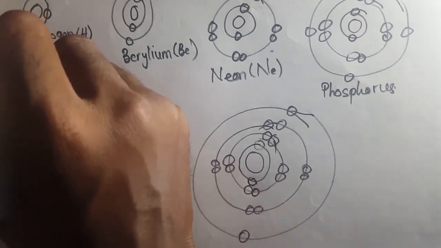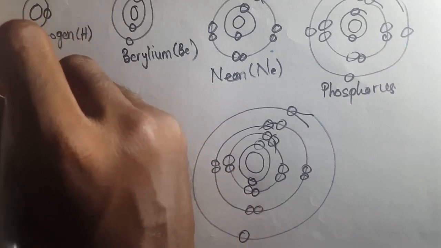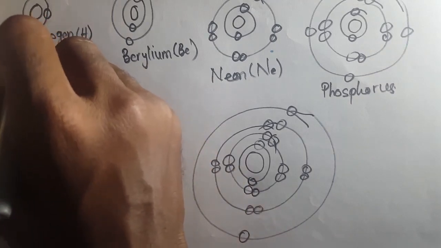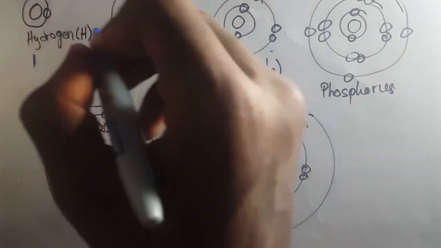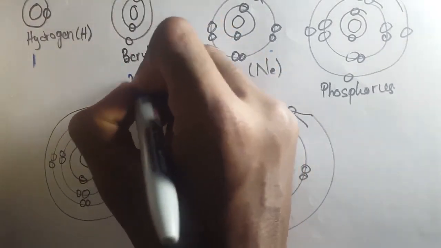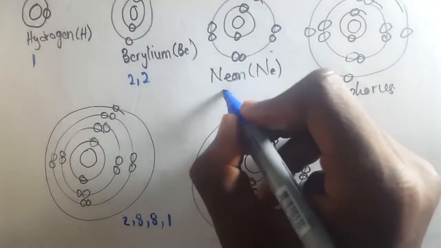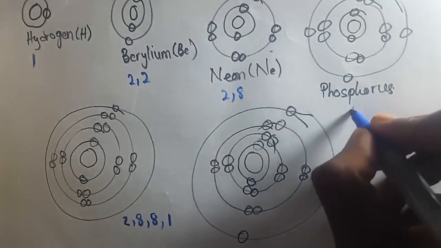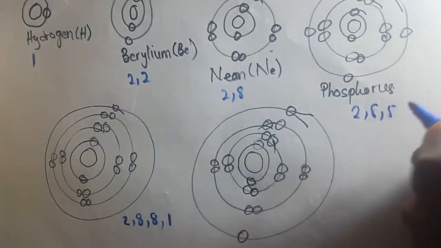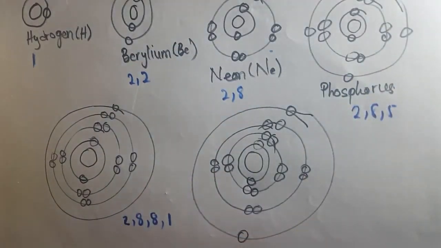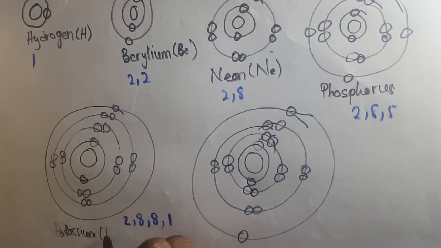So let me just do the number configuration over here. So you have 1 for hydrogen. For beryllium you have 2, 2. For neon you have 2, 8. For phosphorus you have 2, 8, 5. So potassium, K, 2, 8, 8, 1. Then calcium.